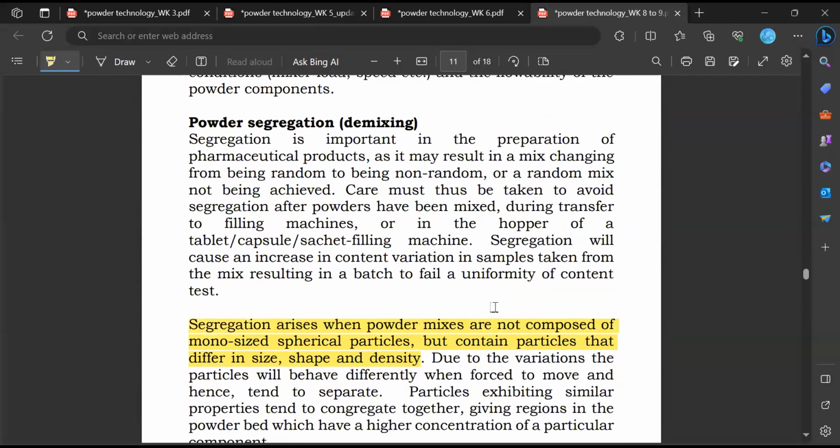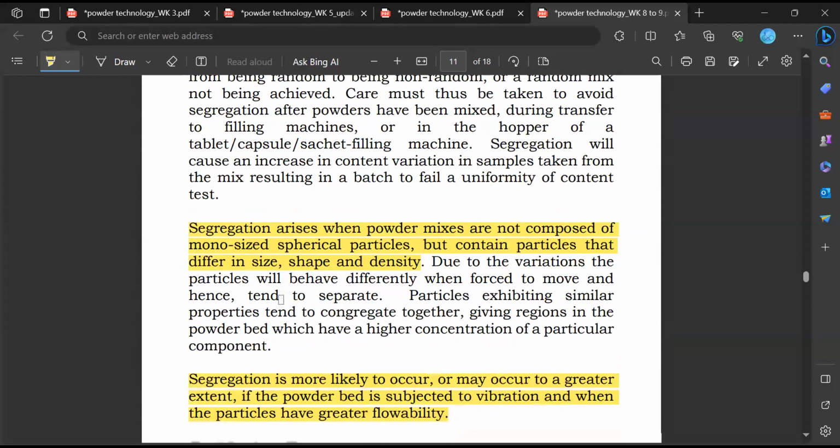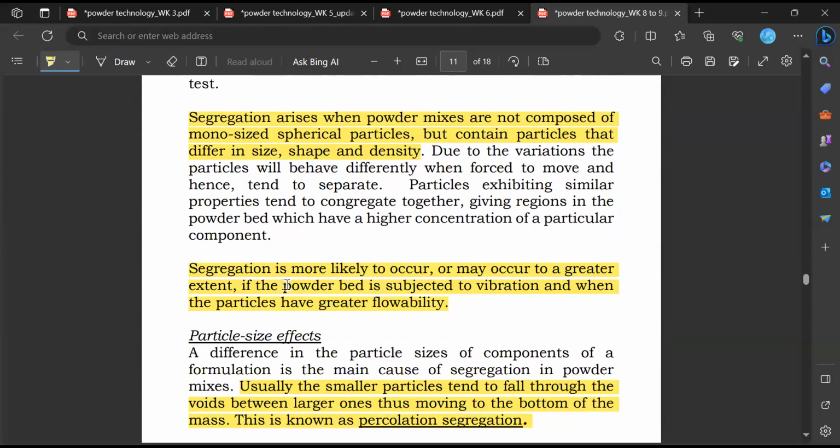Then when we talk about demixing, it is when segregation of the powder occurs because of effects of size, density or shape.